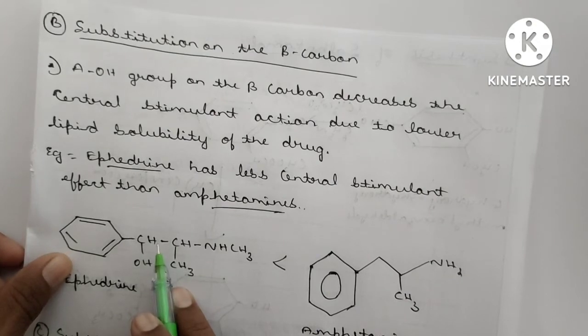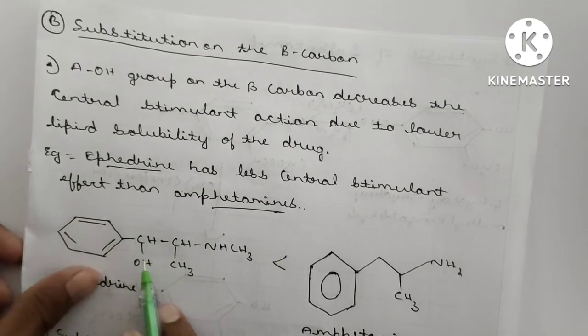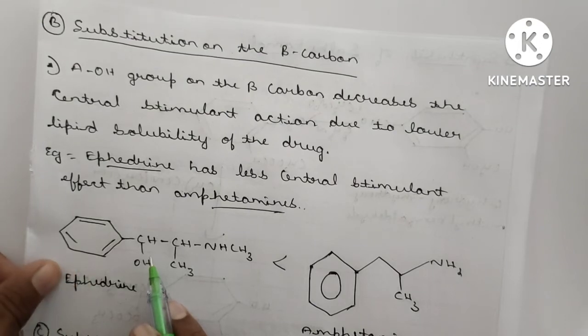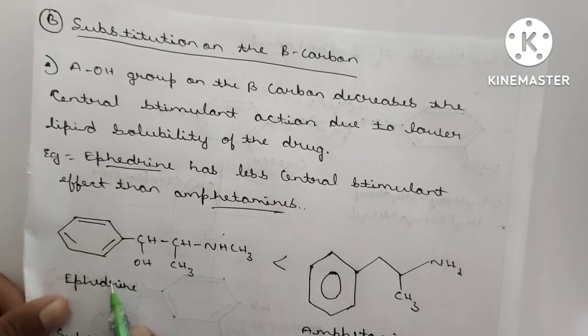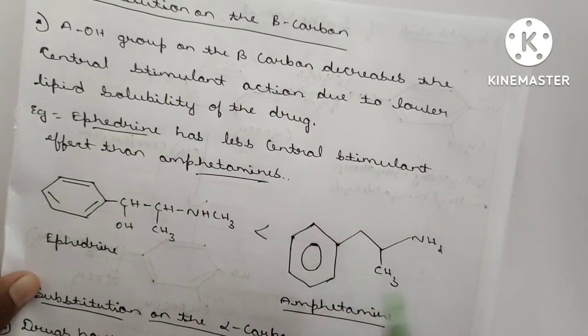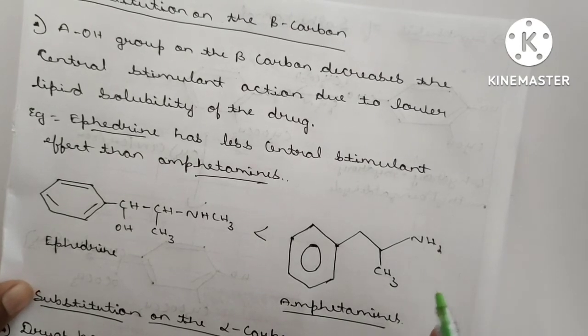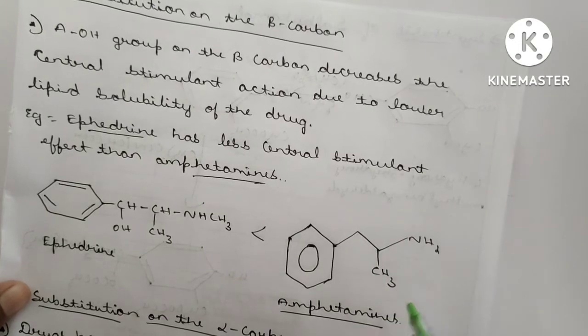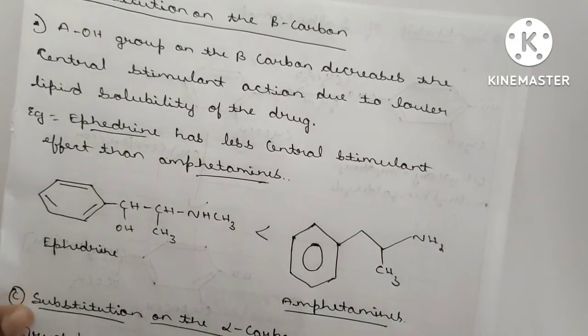If an OH is present on the beta carbon, it lowers the potent action. Why? Because these are less soluble in the lipid membranes. Ephedrine is less potent than amphetamines, because amphetamines have no OH group. Actually alpha and beta carbons are there, but no OH groups. Yes, amphetamines are better than ephedrine.